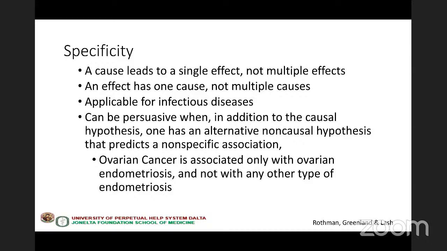For example, ovarian CA is associated only with ovarian endometriosis and not with any other type of endometriosis. So it's quite specific. Single effect will not have multiple effects. Single cause and will not have multiple causes.